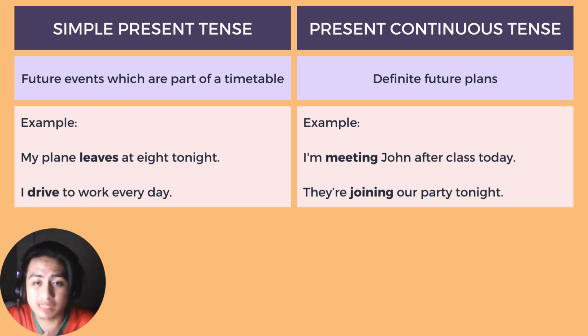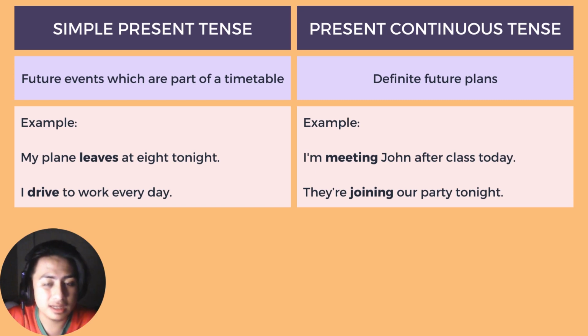So for example, for simple present tense, my plane leaves at 8 tonight. So as you all know, logically, flights always have a schedule, right? The flight details, the time when the plane departs, right? So when we know that the described situation is part of a schedule or a timetable, we use simple present tense to describe it. My plane leaves at 8 tonight.